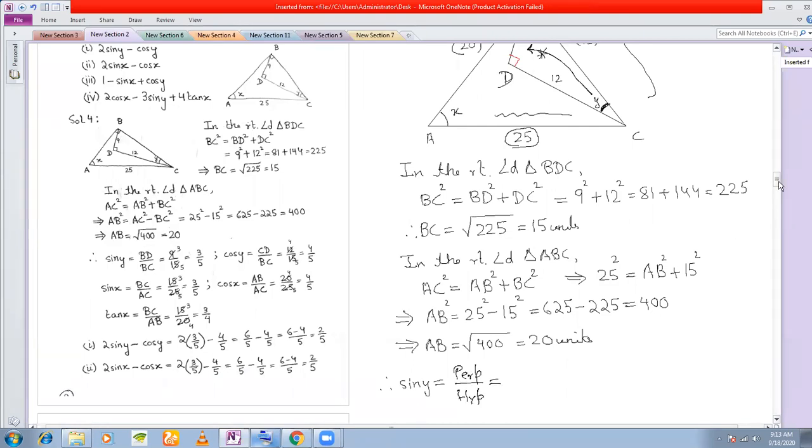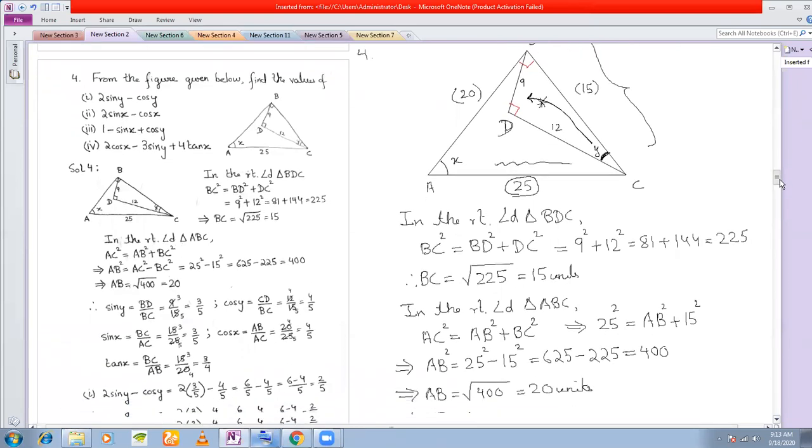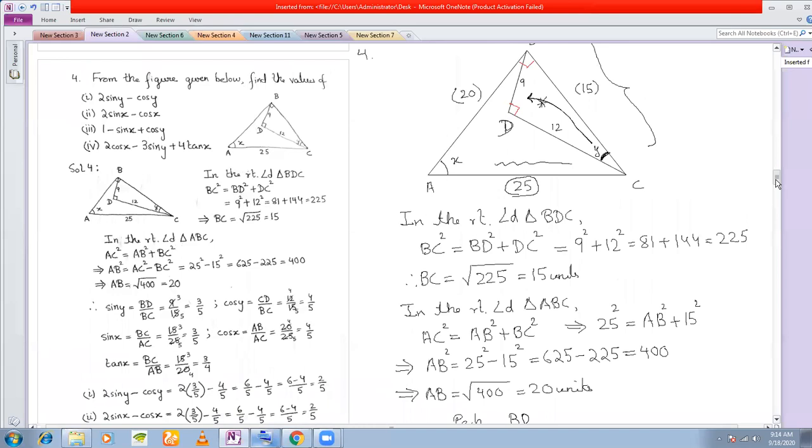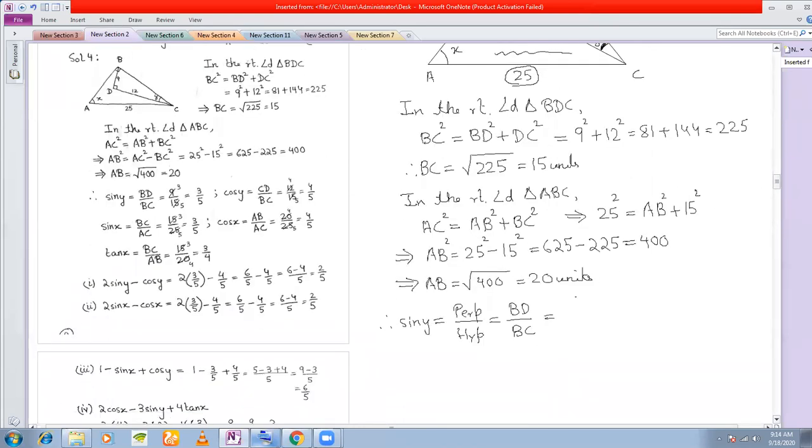And in this case, what is our perpendicular? It is BD. And BC is my hypotenuse. BD by BC. And BD here is 9 and BC is 15. So it is 9 by 15. We'll cancel this. Get 3 by 5. We have found out sine y.